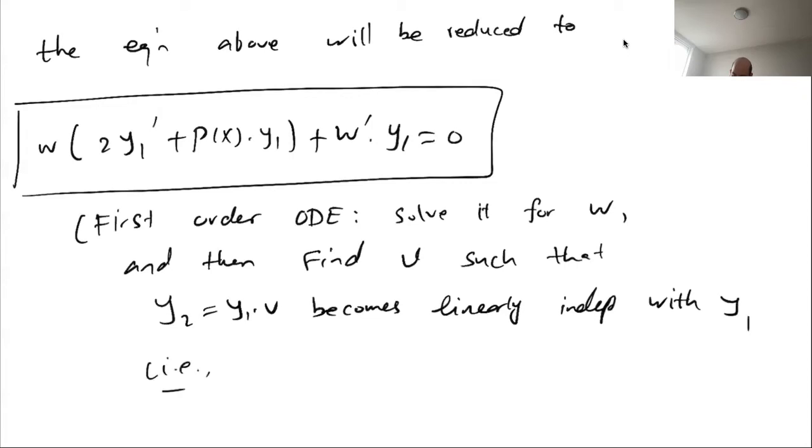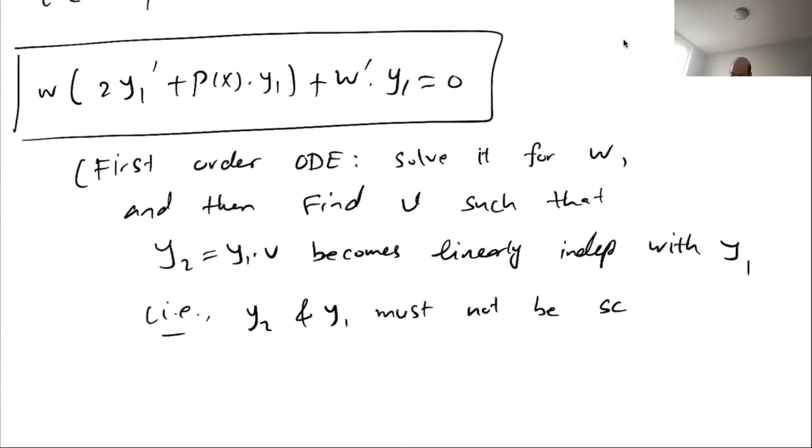Meaning that y2 and y1 must not be scalar multiples of each other. Because after you find w and then you want to find v, there could be some constants involved.